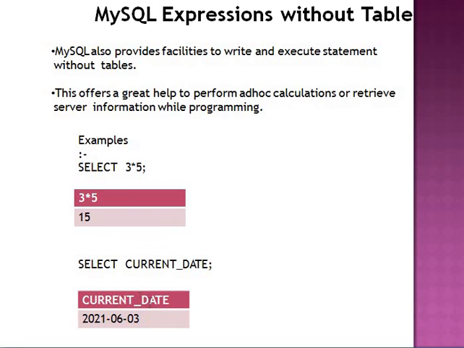So the current date shall be represented as 3 June 2021 because this is the current date as of now. The year part is going to appear first, followed by the month part, and then the day part, all separated by a hyphen.